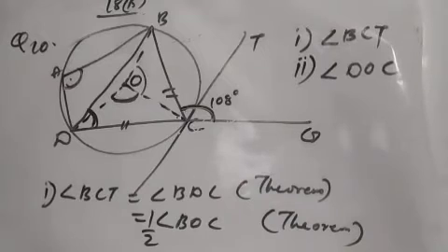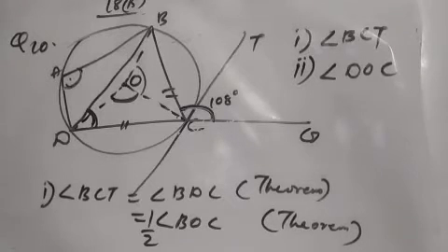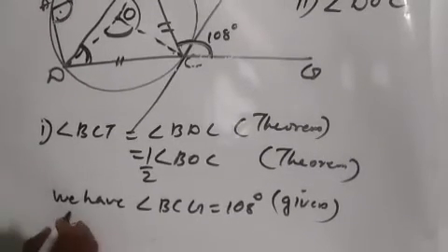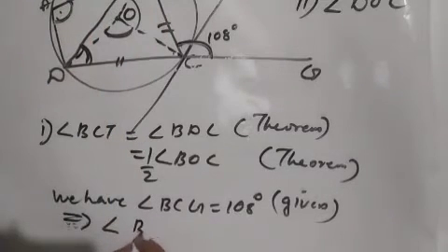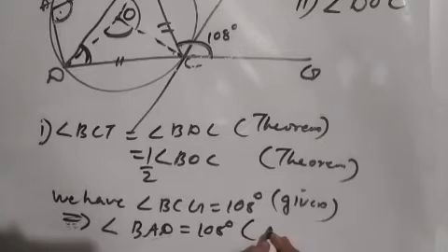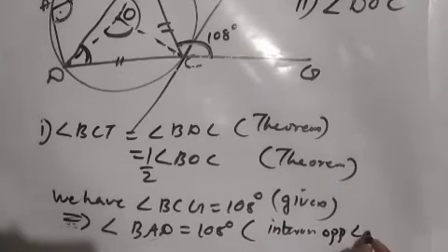Okay, let us calculate that. We have angle BCG equal to 108 degree, given in the question. That implies angle BAD is 108 degree, the interior opposite angle.